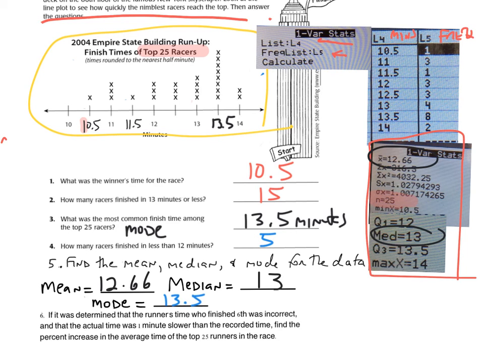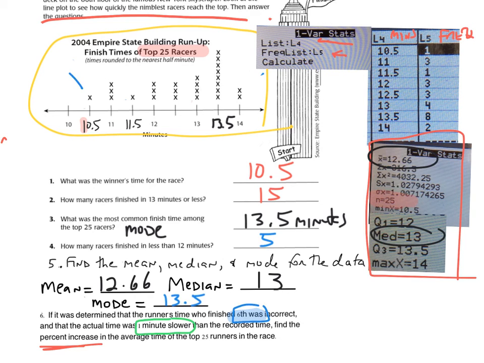Number 6, if it was determined that the runner's time who finished 6th was incorrect, and that the actual time was 1 minute slower, find the percent increase in the average time of the top 25 runners. So the first thing we need to do is calculate the runner who came in 6th.